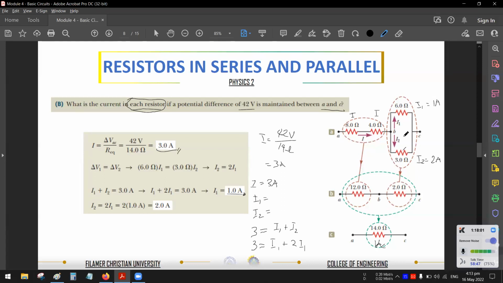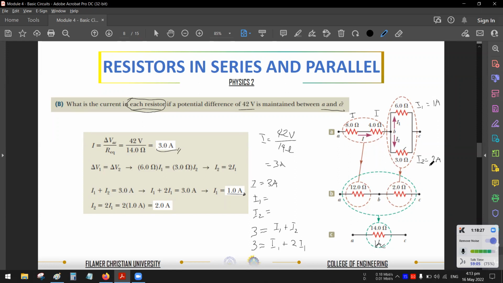Or that would be the current, okay, 6 times 1, that is 6 volts, plus 3 times 2 amps, that's 6 volts again.